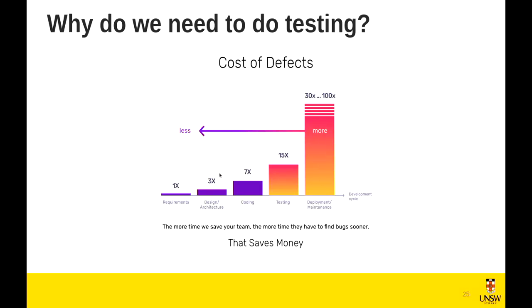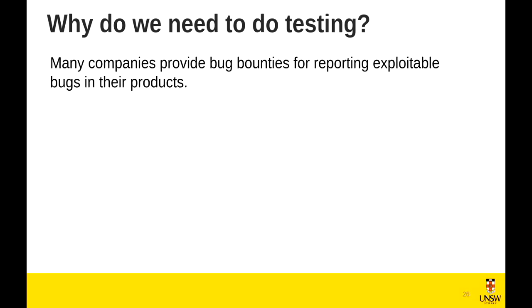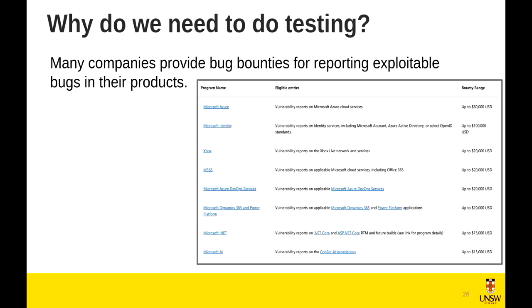So as you can see, if we can detect vulnerabilities, or if we can detect bugs earlier, we can save money. So that's why many companies, especially the big companies, provide bug bounties for reporting exploitable bugs or exploitable vulnerabilities in their products.